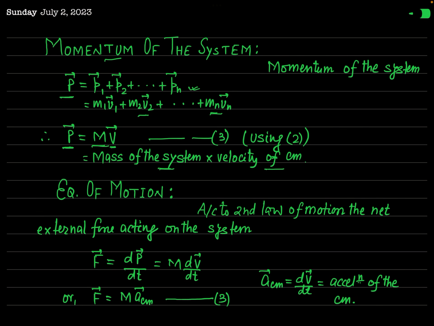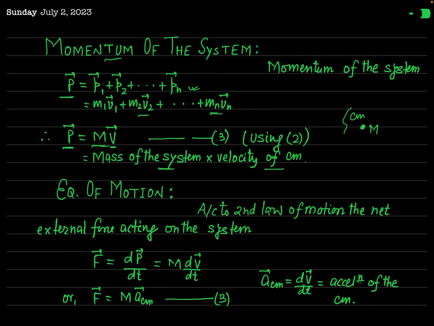And that's why this center of mass is treated like a point which represents the motion of the whole system. So the whole system can be replaced in calculation by a point mass whose mass is equal to the total mass of the system, located at the center of mass.